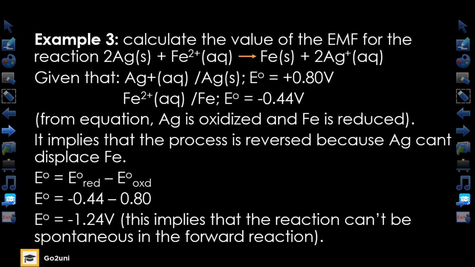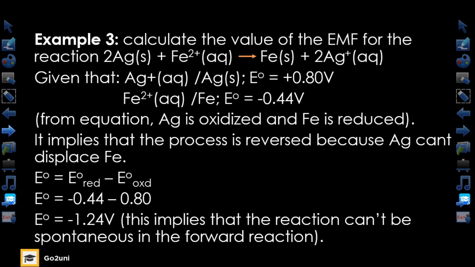I would like us to take note of this. Sometimes we are given the potential values of these electrodes and we are given the equation, so from the equation we can calculate. Normally silver should be the reduction potential and iron oxidation, but the equation is not saying so. It simply tells us that the electrodes were turned the other way.